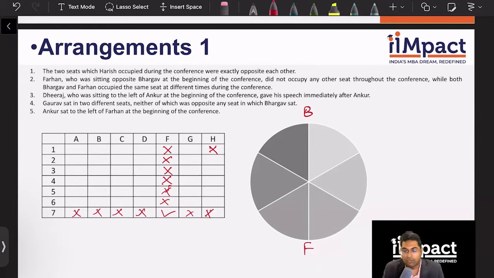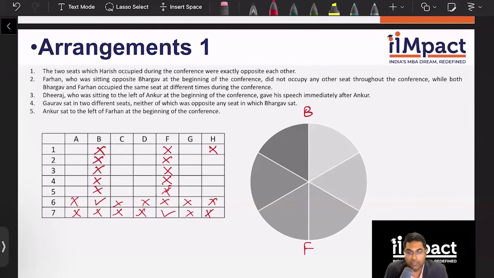That's the only possibility. Only then B gives his speech and comes back and sits on Farhan's seat, right? So I know that B is going to be sixth. So B cannot have any other position and nobody else can have the sixth position. Clear?